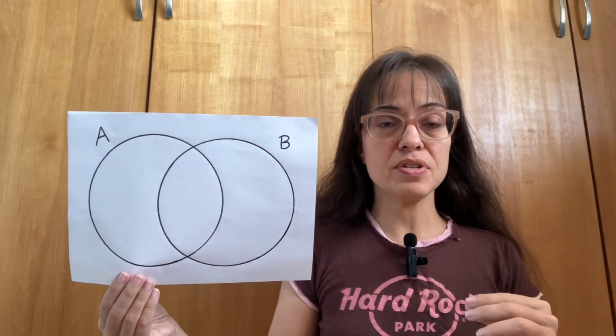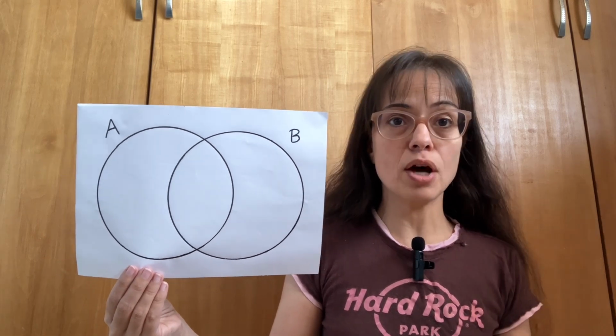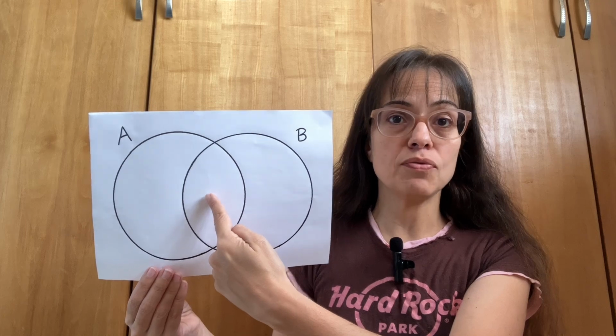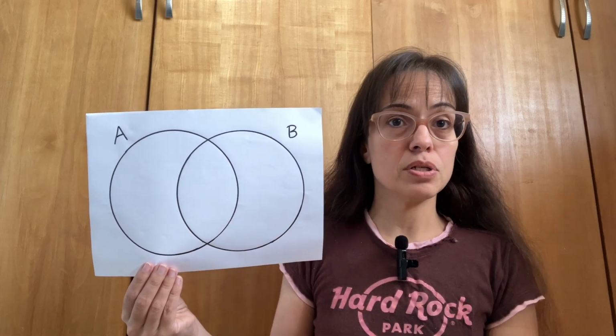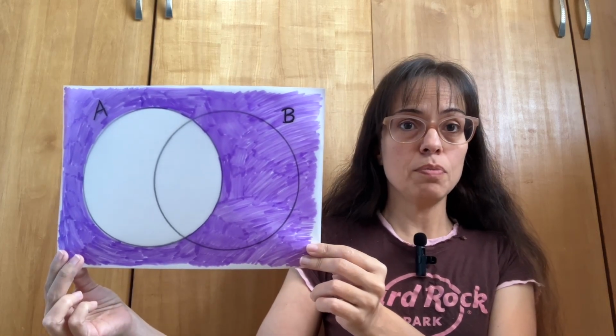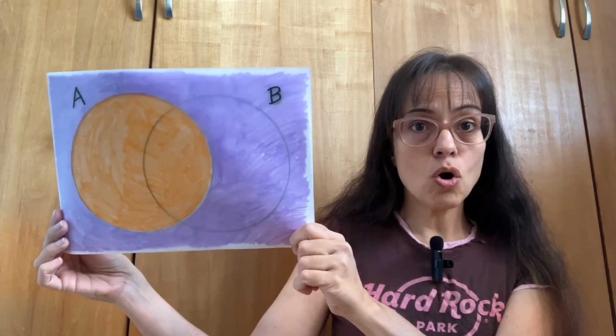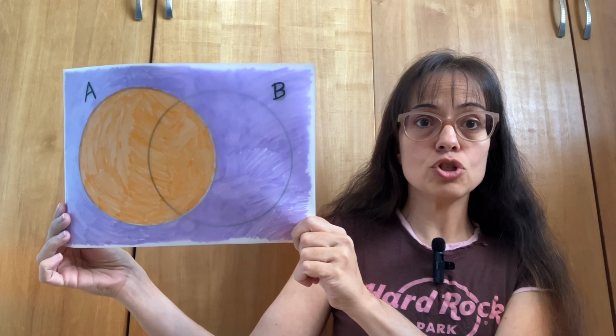Now we should talk about complements. The complement of a set is everything that is not in that set. So if A was 2 parts, the complement of A is going to be the other 2 parts. Like this, the purple here is the complement of A, and you'll see that if I put the A set back in here, now all 4 parts are painted and nothing is overlapping.